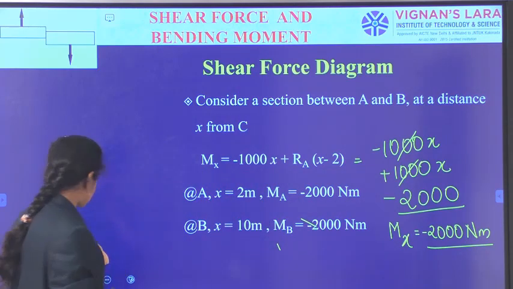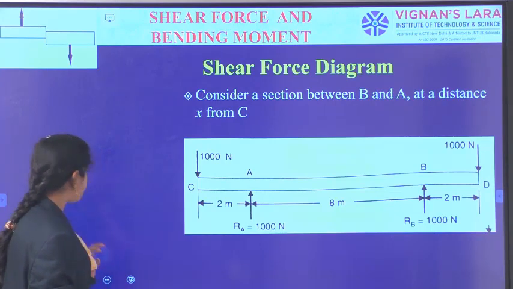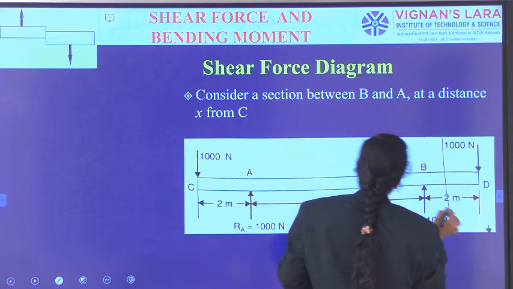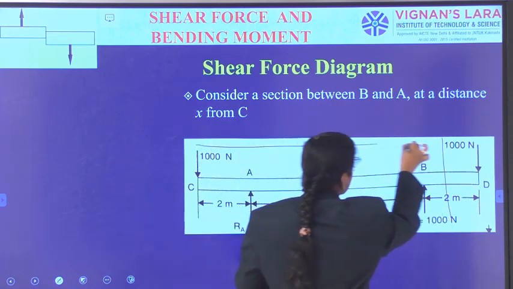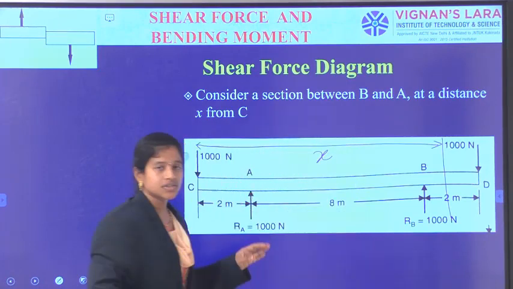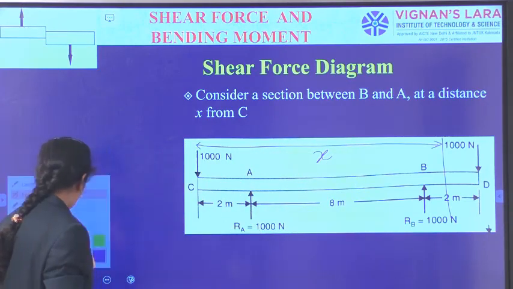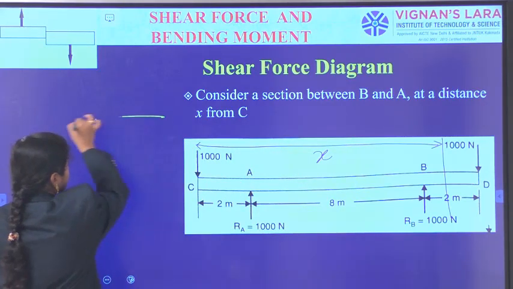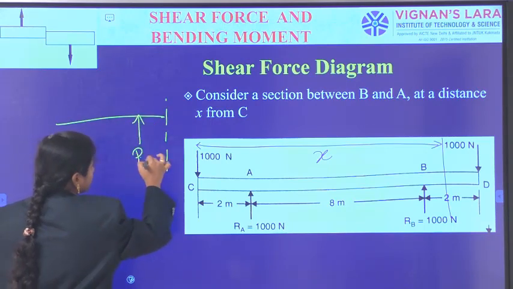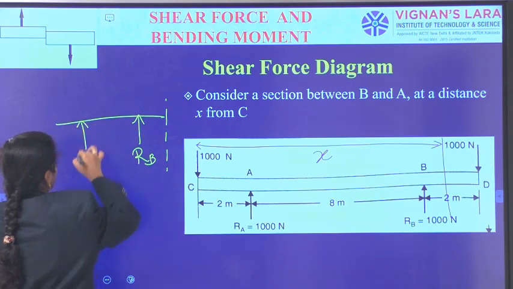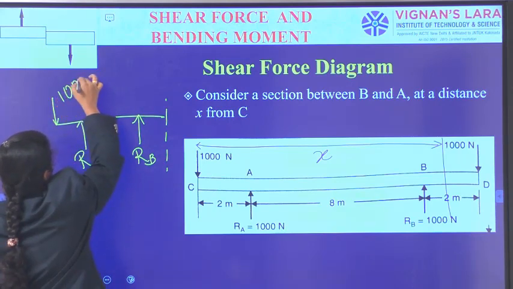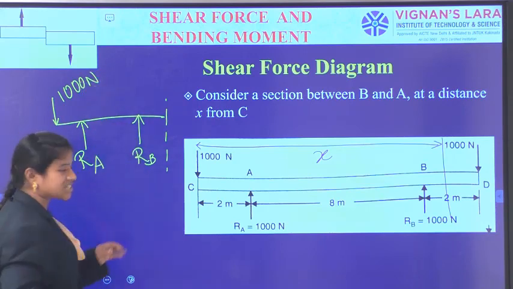Now we are going for the next span, which is located in between B and D. And the section line is again measured from the reference, the C point only. Okay, so the next section line I am taking. Now, what are the forces I need to involve? Again, I am taking the reference section line, and it is involving RB, it is involving RA, and it is involving the corresponding 1000 Newtons up to the section line.